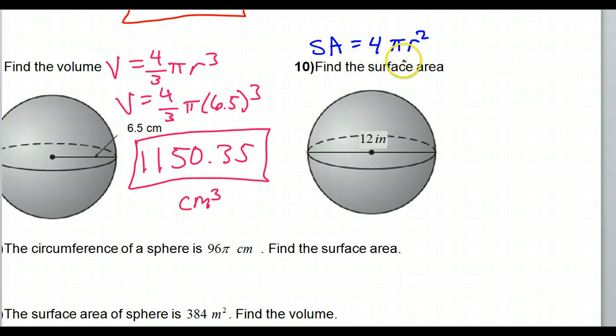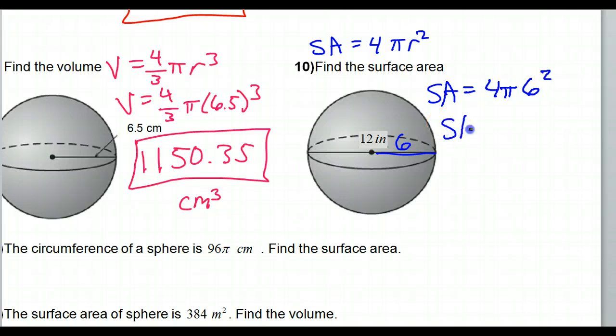So all we need is the radius. Be careful, do not plug in 12 because 12 is not the radius. 12 here is the diameter, so that means 6 is the radius, like from here to here. So just put in 6 and you're going to get your answer. So surface area is 4 pi times 6 squared.